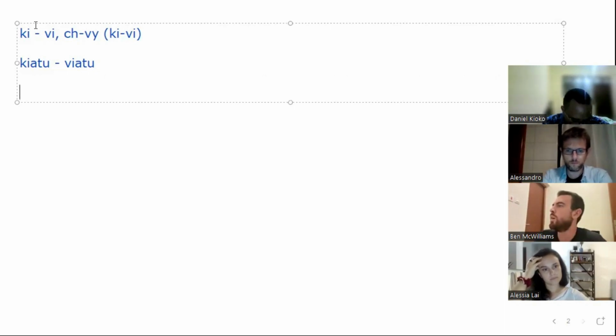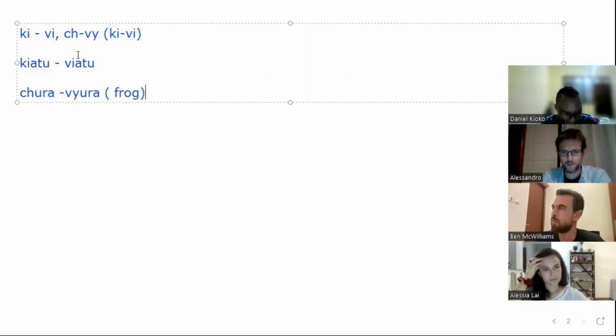I'm trying to get one, now I'm remembering one, which is also chura, vura, but this one behaves under mua. This is frog. So again, it's mua. It's just an example as I remember.